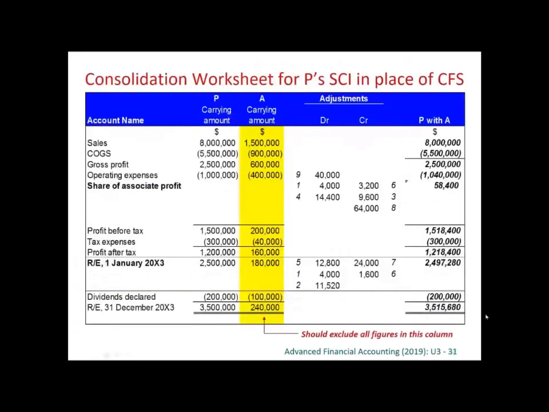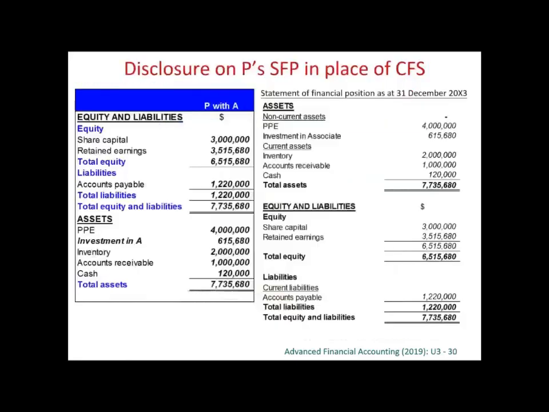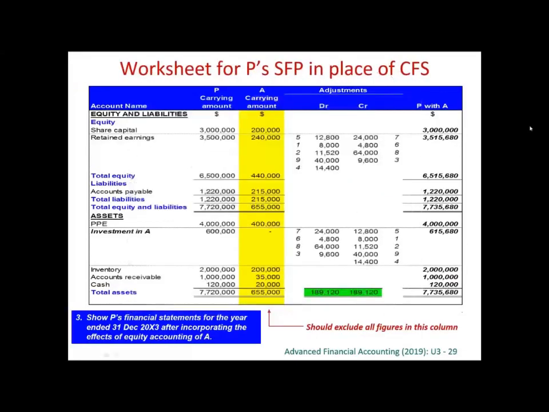Okay? So don't worry if you cannot get this retained earnings, 3,515,680, correct, and post it to the balance sheet, right? Because very often, most of the students cannot get it correct. Don't worry. If you cannot get it correct, you may still get full mark, because the available mark will be more than the maximum mark. Usually we give some leeway.